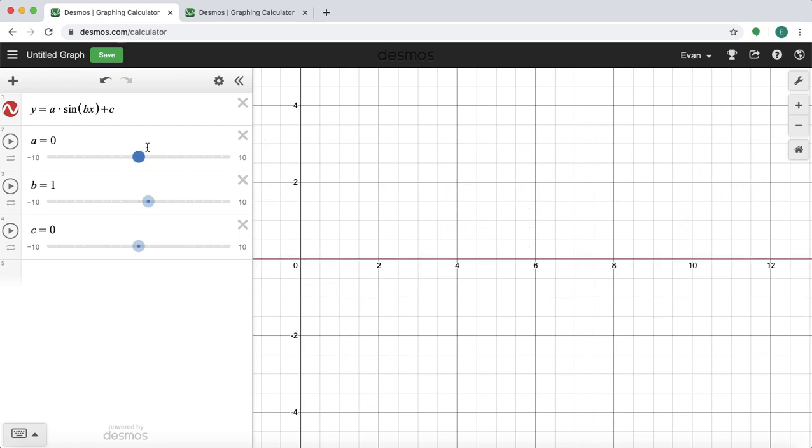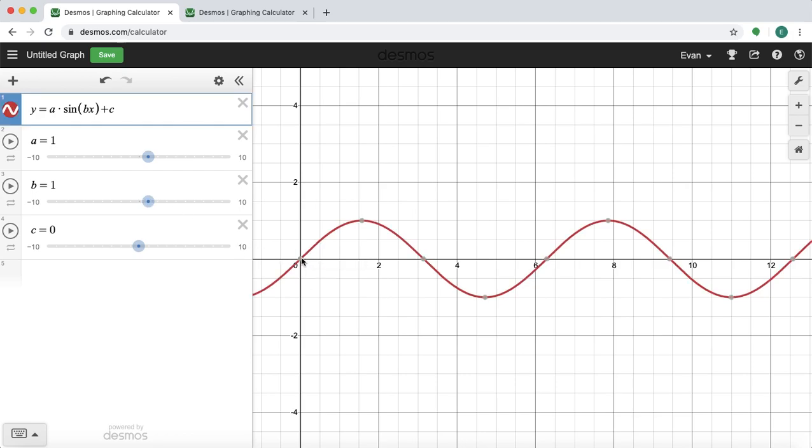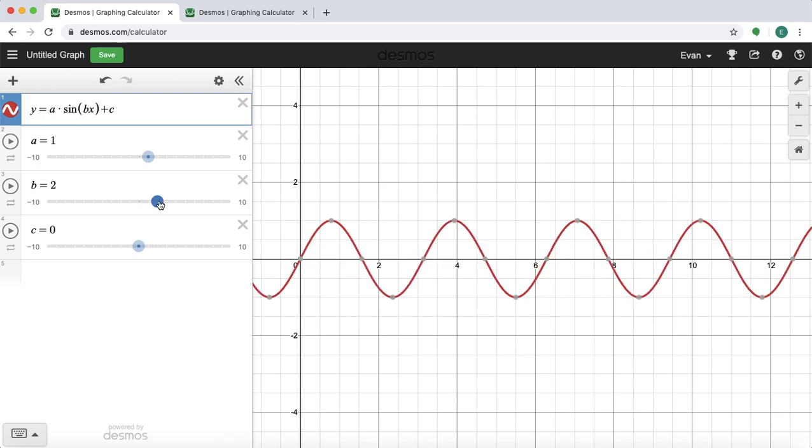Now, what happens when we change B? I'm going to move B, and I want you to decide what's occurring when I change B. As B increases, I'm going to make these points distinct so that you can see them.